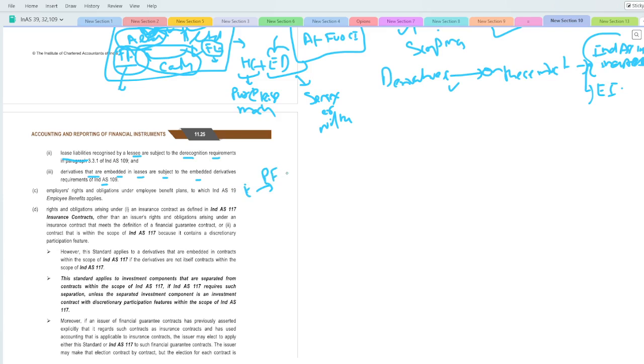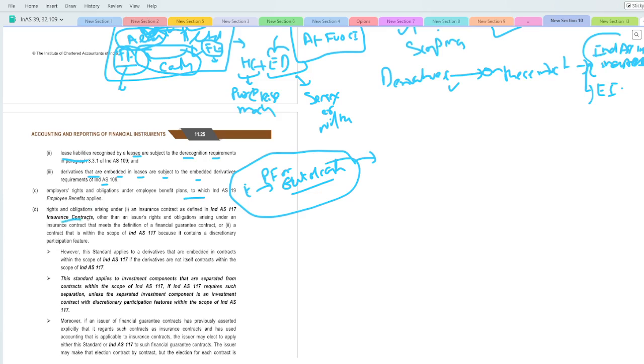Or if there is any employee benefit scheme, the employer has to deposit the money. So it is an outflow of cash, only one leg is there. So this is a financial instrument. But here you are doing the scoping out, because for this there is a dedicated accounting standard, that is Ind AS 19, so it will be governed by that. So first this is a financial instrument, now you are scoping out.